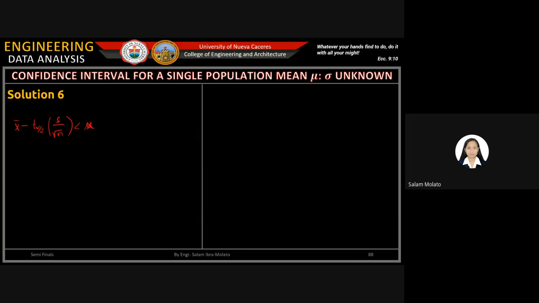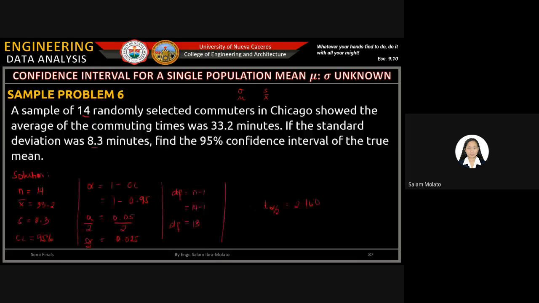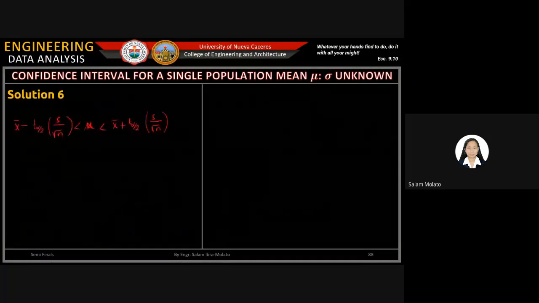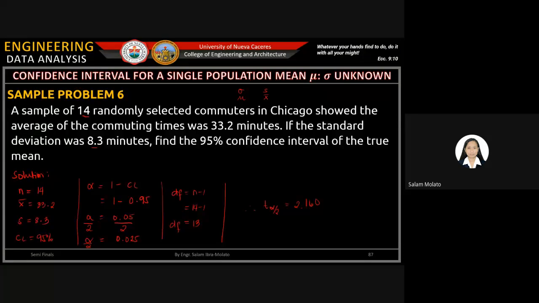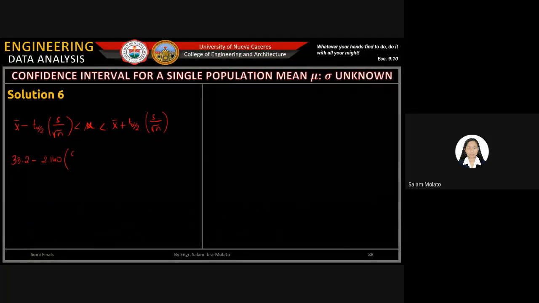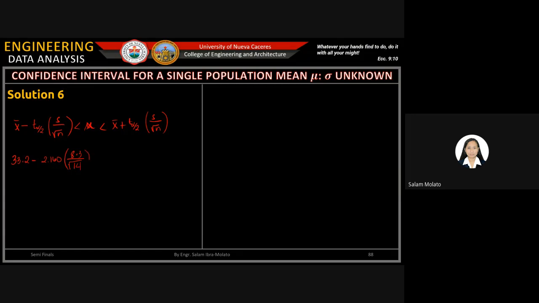And x bar plus t alpha over 2 times s over the square root of n, that's the upper limit. So, x bar is 33.2. 33.2 minus 2.160, s is 8.3, over the square root of n, that's 14.